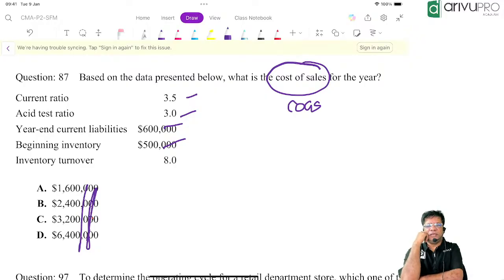Use the formula, inventory turnover formula, use it. I am giving you a clue. I will do it, but I am giving you time.